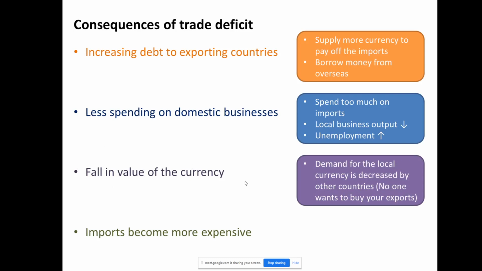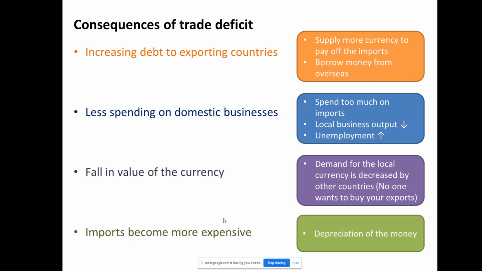So here is another one, and the explanation here is just what I said just now. And below this, another point here, I also talked about that just now. Because of the fall in value of the currency, the imports become more expensive.